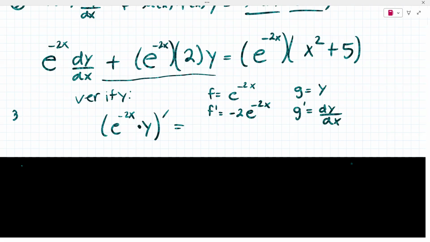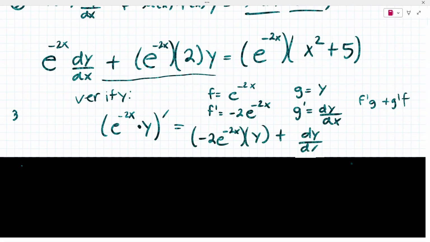If you apply the product rule, f prime times g, negative 2 e^(-2x) times y, plus g prime, which is dy/dx, times f, which is e^(-2x).